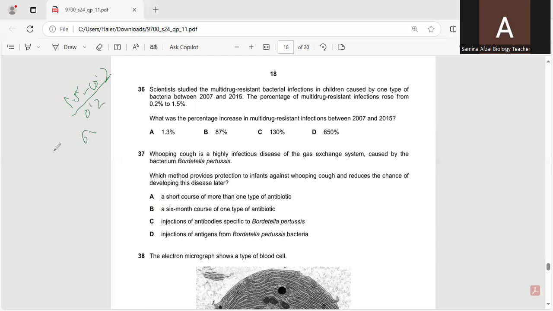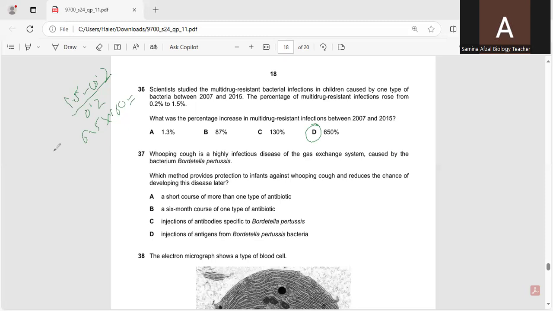So it will be 6.5 multiplied by 100. So after multiplying, we can get the answer, which is D. D is the correct option by this calculation.